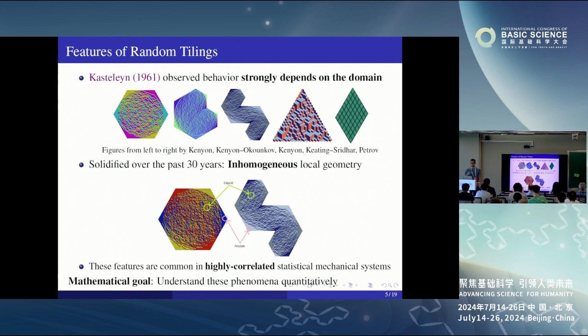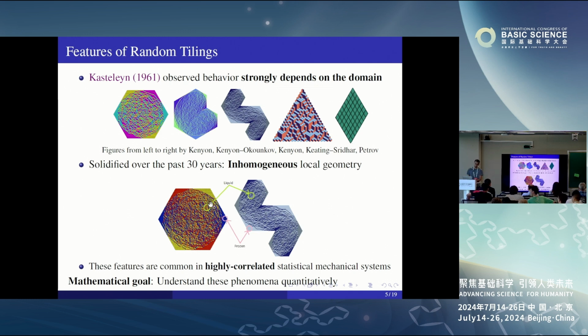The other feature, which has been solidified over the past 30 years, is that the local geometry of these tilings is very homogeneous. And I already hinted at this notion in the previous slide. If I fix my domain, say the hexagon or this rotated S, and I poke at different parts of the domain and ask how the tiling looks, it can be very different. For example, if I look near the corner, as I already mentioned, I only see blue tiles near this corner.